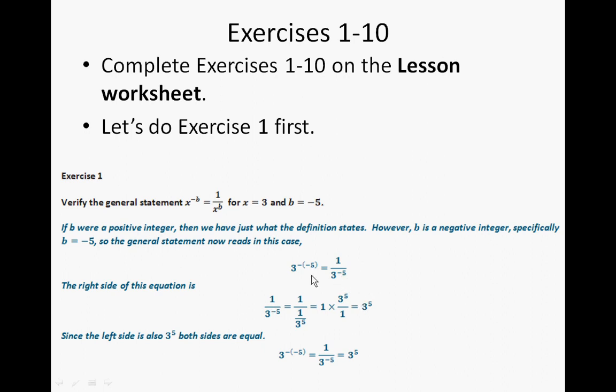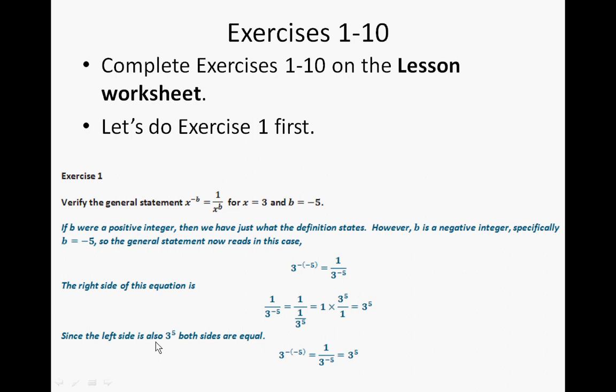All right, so the right side of the equation, we're going to take a look at the right side first. That is 1 over 3 to the -5, which is the same as 1 over 1 over 3 to the 5th power. And again, simplifying our complex fraction means that we multiply by the reciprocal. 1 times 3 to the 5th power, which is 3 to the 5th power.